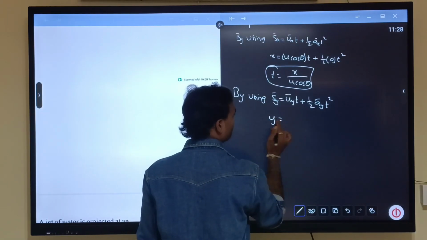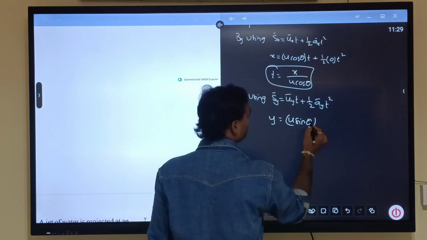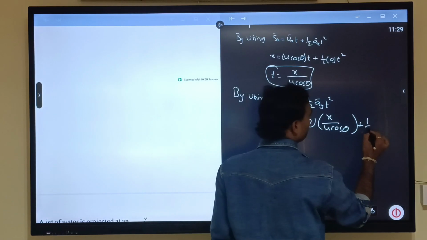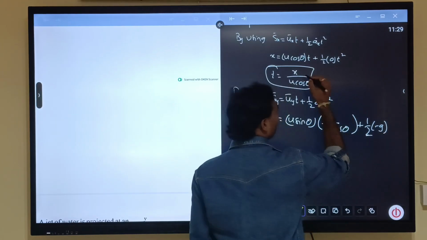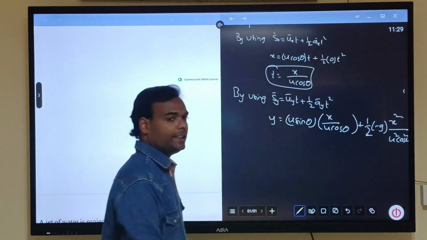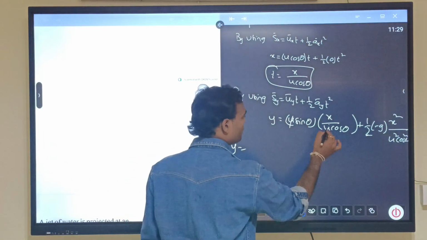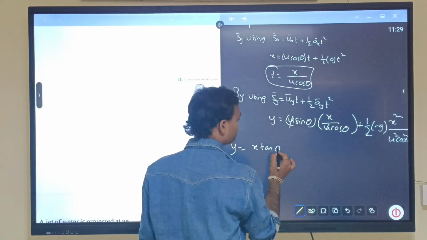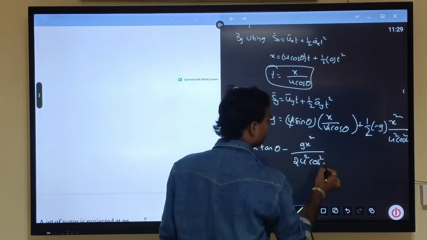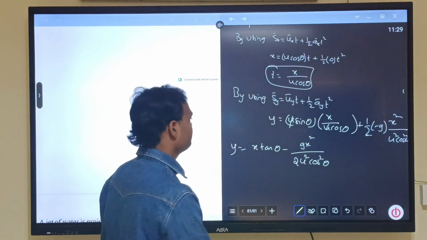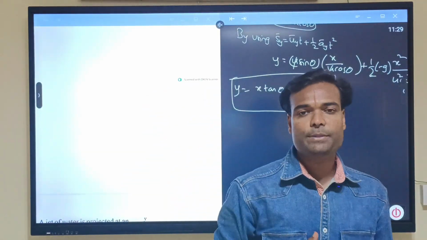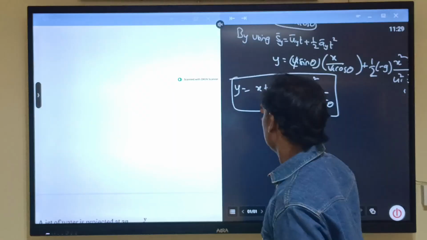So uy is equals to u sin theta into time taken to reach that point, x by u cos theta, plus 1 by 2 minus g t square, that is x square by u square cos square theta, right? Then y is equals to, these u will get cancelled, x tan theta minus g x square by 2u square cos square theta. Now this is representation of trajectory equation of projectile motion in terms of y and x.